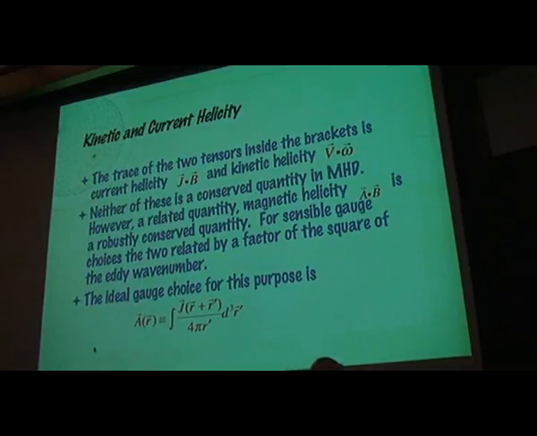Now, the physical significance of those two terms: the first one has to do with the twistiness of the velocity field. And if you take the trace, you find that that first term becomes the kinetic helicity, v dot omega. And the second term is the current helicity, j dot b.